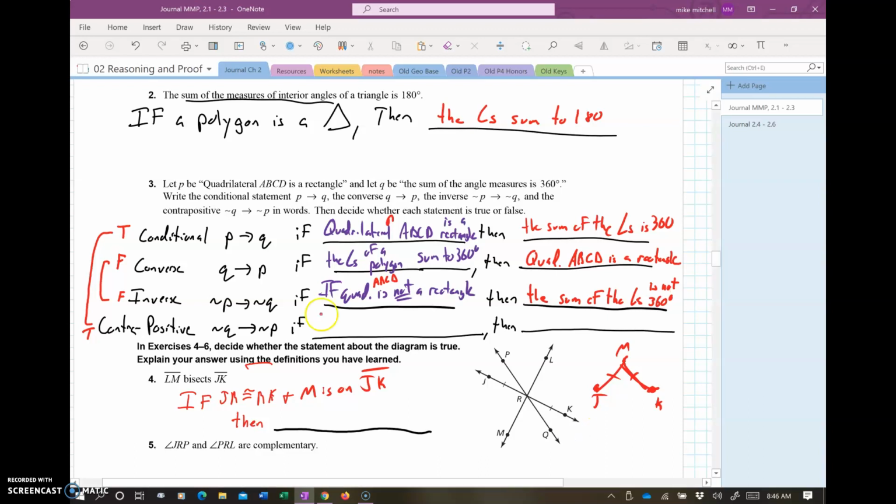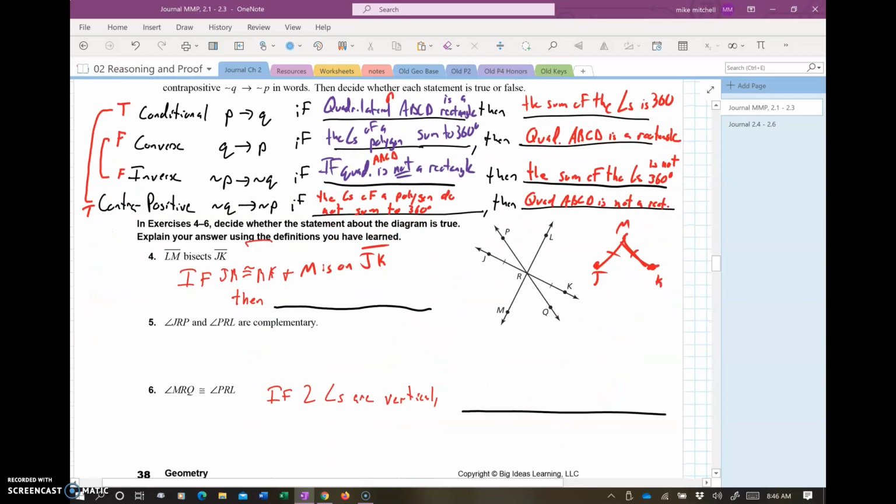And there, if the angles of a polygon do not sum to 360 degrees, then quadrilateral ABCD is not a rectangle. Okay. Last few here.